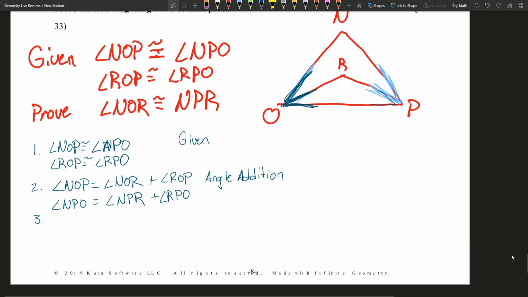Then we can do some substitution. Well, first we can set these things equal together because NOP is equal to NPO. All right, so we can set NOR plus ROP equal to NPR plus RPO.